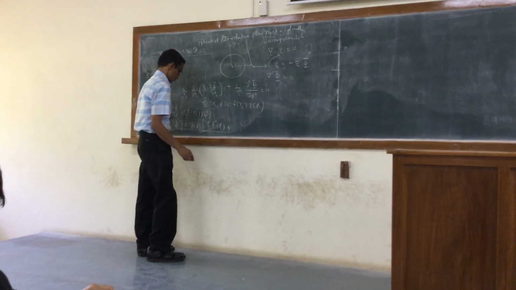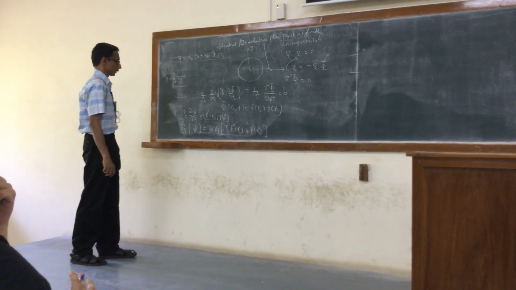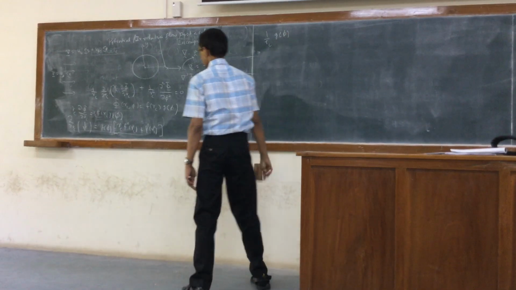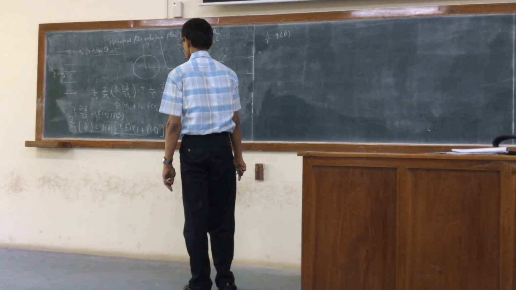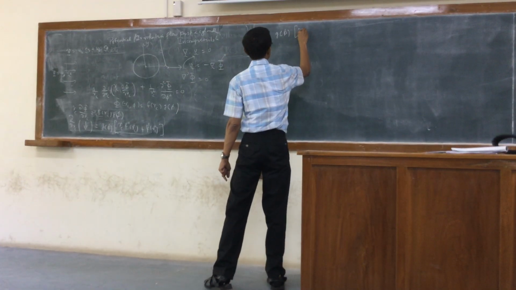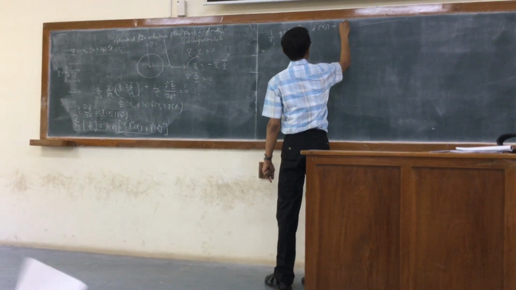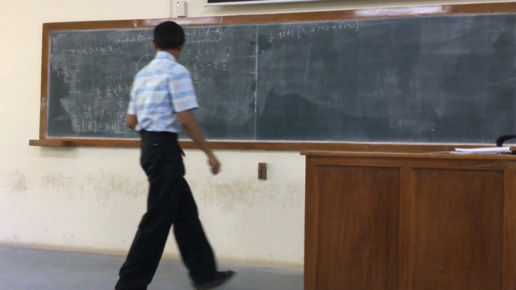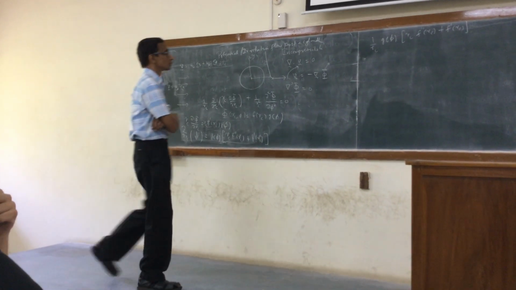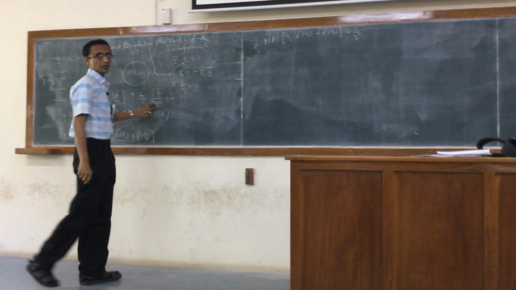Then 1 over rc times g of phi times rc f double prime of rc plus f prime of rc, plus 1 over rc squared d squared phi by d phi squared.